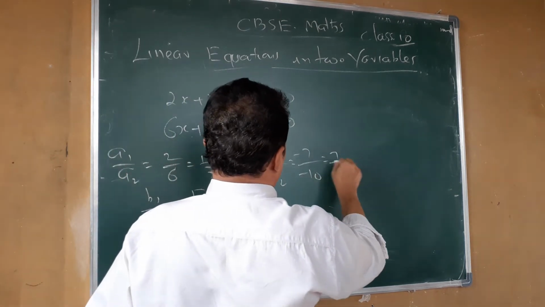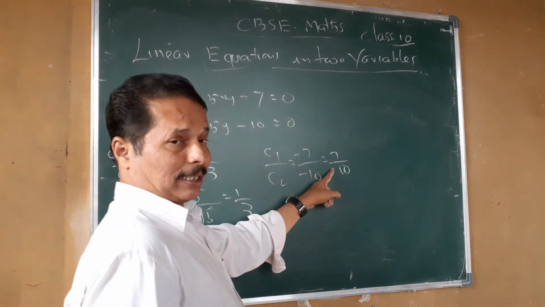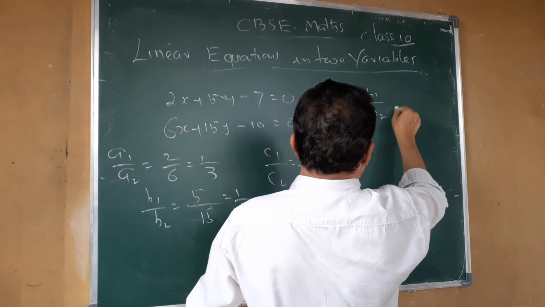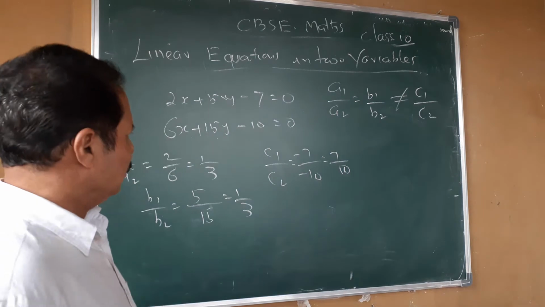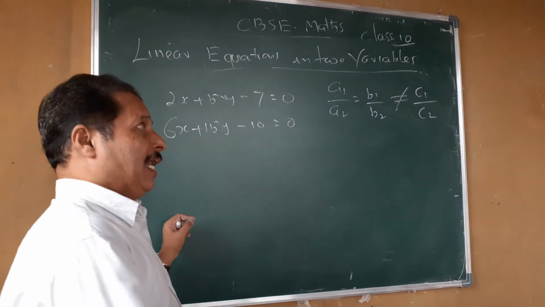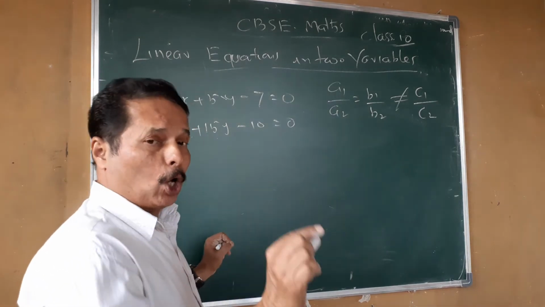Minus 7 by minus 10 is 7 by 10. This is 1 by 3, this is 1 by 3, the other one is 7 by 10. That is a1 by a2 equal to b1 by b2 not equal to c1 by c2. You remember the condition? So, they are parallel lines. That's your answer.